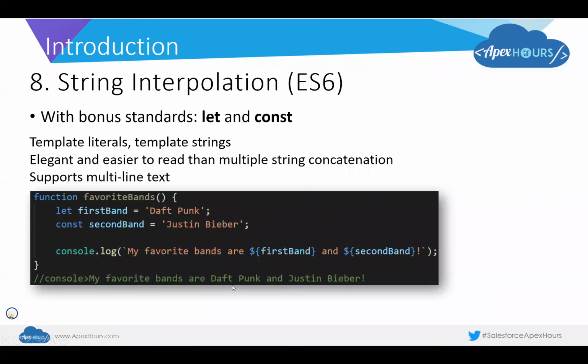All right, string interpolation. This is a fun one that a lot of other languages have had implementations of, but JavaScript was apparently a little late to the party in ECMAScript 6. It has to do with the implementation of the backtick string build.